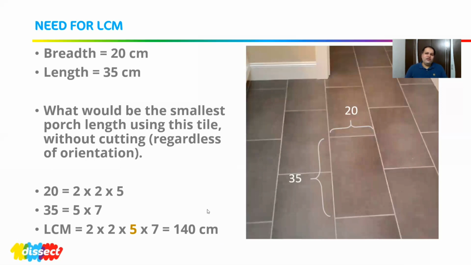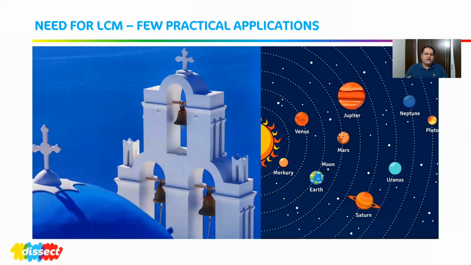Now, where do we use this concept of least common multiple? We've just seen this one example, but what about other examples? You can use least common multiple in many cases where there is repetition of things. So imagine there are three bells. We are talking about the left hand side of the screen. There are three bells and they are ringing at particular time intervals, but all of them have different time intervals.